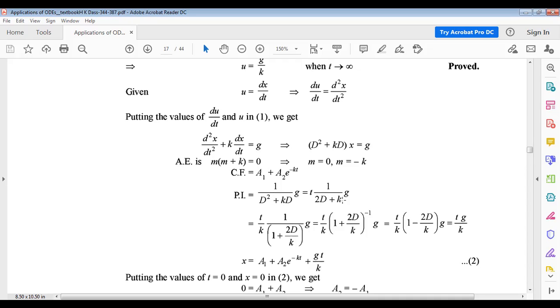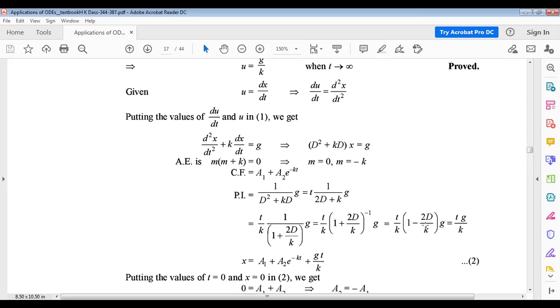Okay, 2D plus k. Now we get t divided by k, taking k common from here. After taking common k, we get what? 1 plus 2D by k, to the power minus 1. This can be written as (1 plus x) to the power minus 1. (1 plus x) to the power minus 1 formula what? 1 minus x plus x square minus x cube plus x4, in this way.